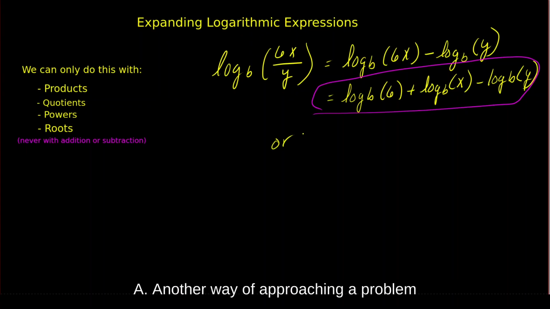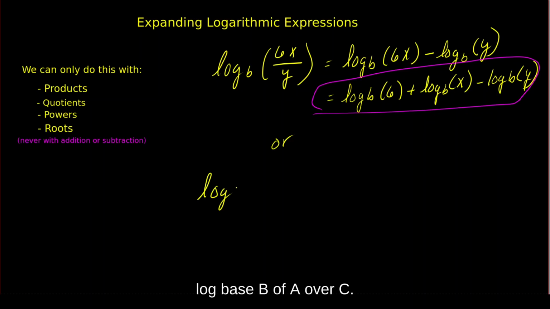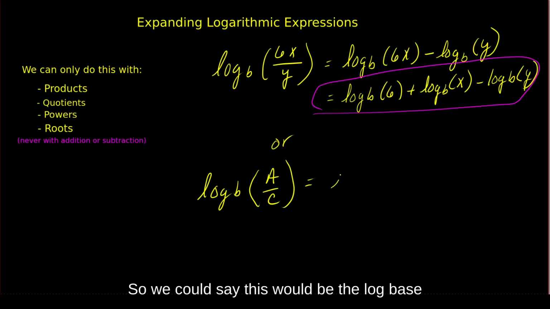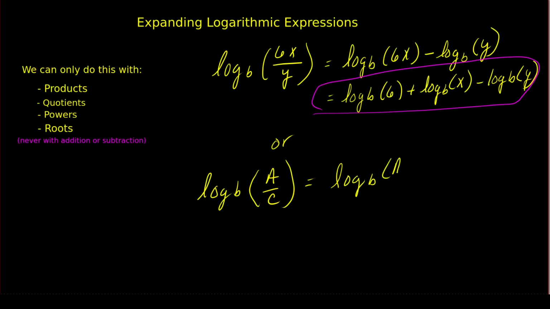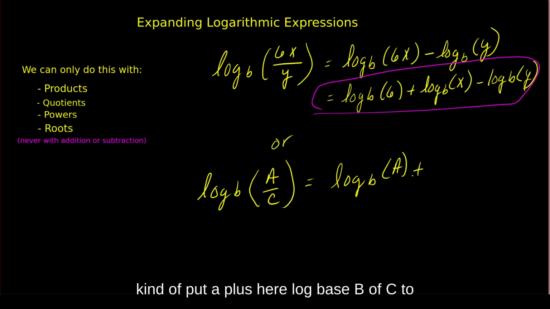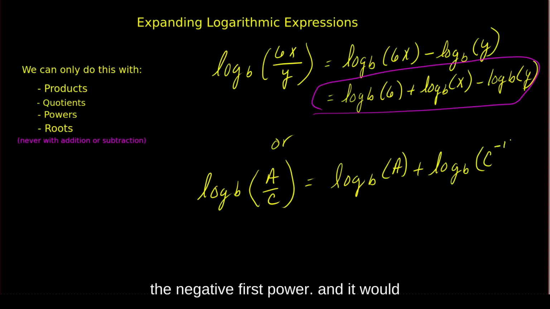Another way of approaching a problem similar to this would be something like log base b of a over c. So we could say this would be the log base b of a. Okay, I'm going to put a plus here, log base b of c to the negative first power.